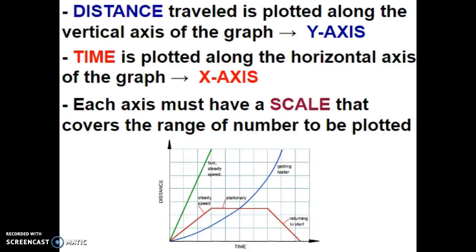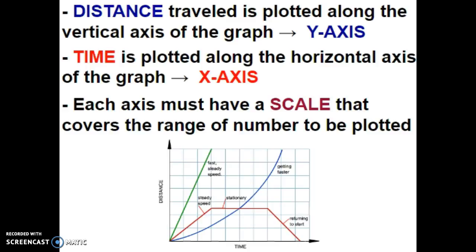The distance on a distance-time graph is going to be plotted along the vertical axis, or the y-axis. And the time is going to be plotted along the horizontal axis, or the x-axis. In a distance versus time graph, your time is your independent variable because time does not change. 1 second is 1 second is 1 second.